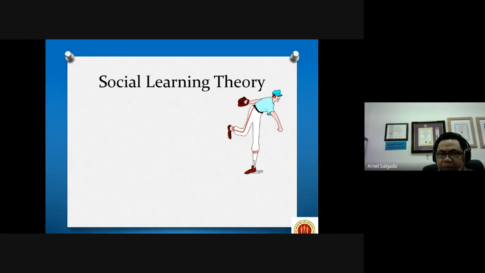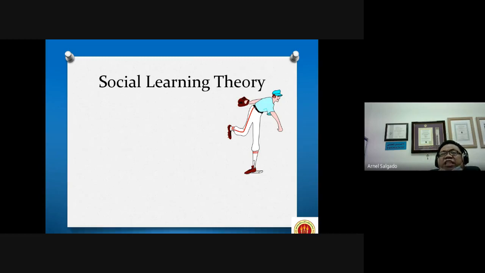Once we copy them, we acquire the skill, then we demonstrate that. The acquisition of skill is by copying, by observation. So that is actually the basic influence in social learning theory. This is very useful to student nurses and to professional nurses, particularly those who are specializing, because they copy, then after that they apply it in their practice. That's basically what we do.